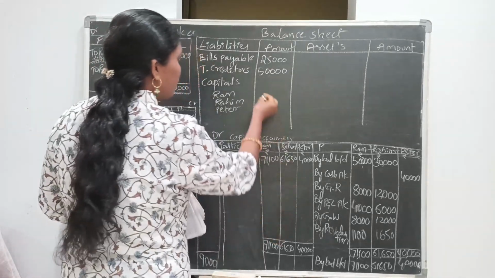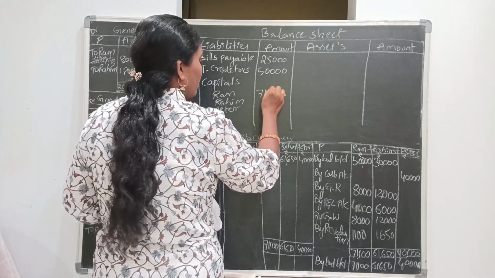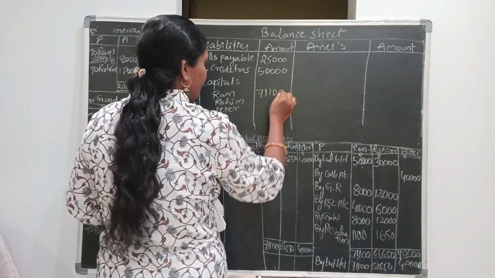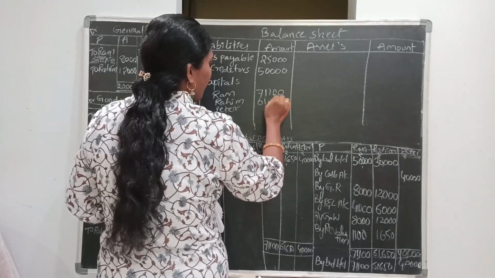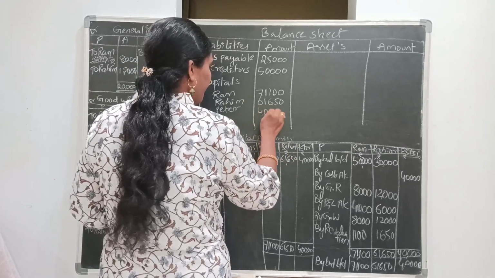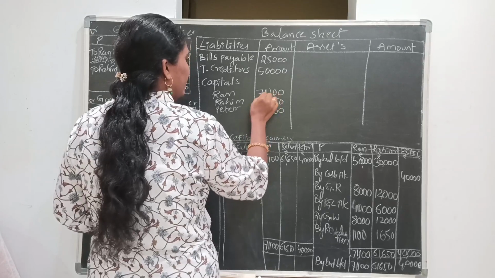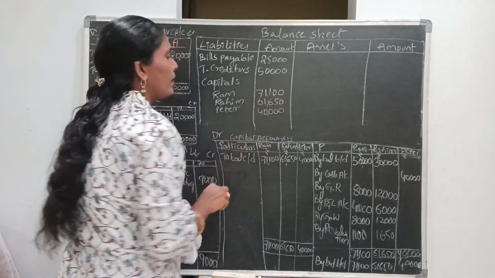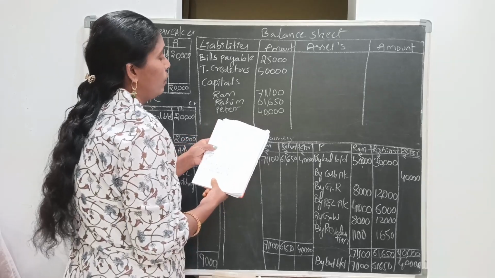Adjusted capitals we need to write here, which is Ram's 71,100 and Rahim 61,650 and Peter 40,000. These are the adjusted capitals of Ram, Rahim and Peter, and the liability side is over.